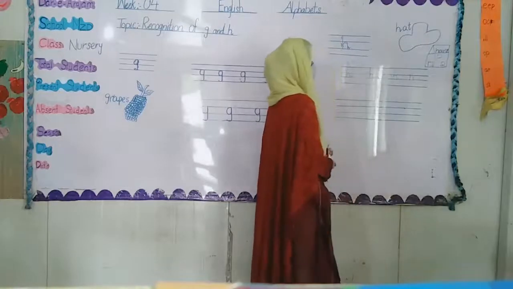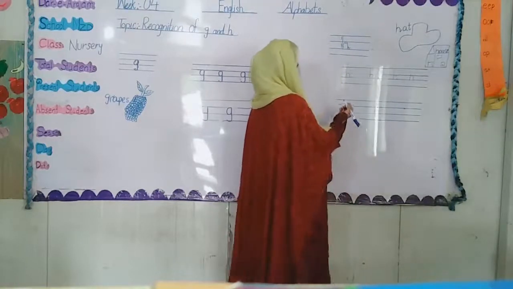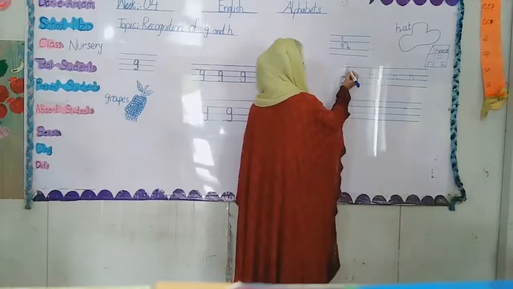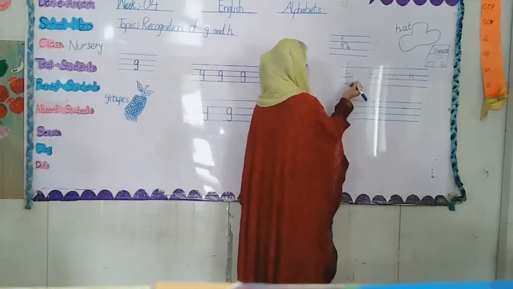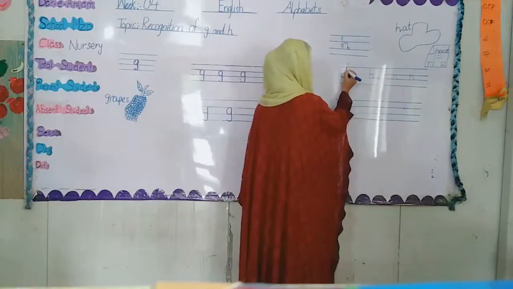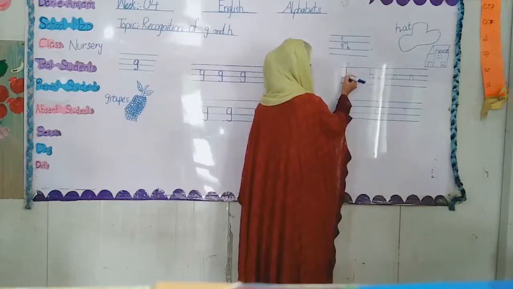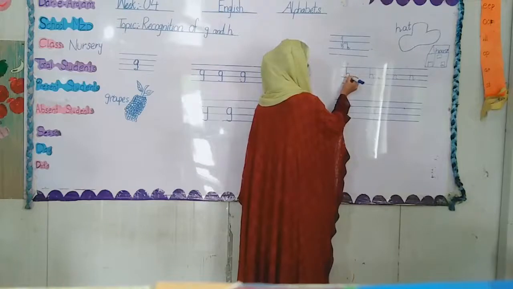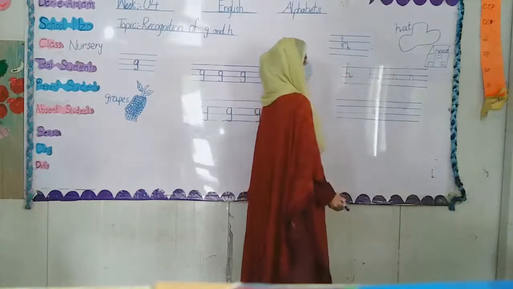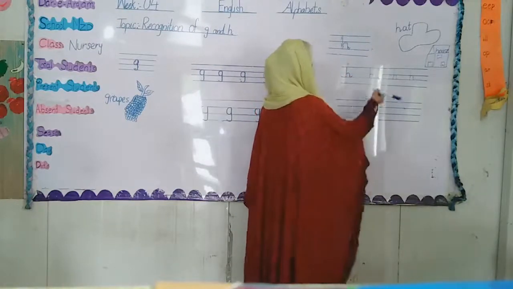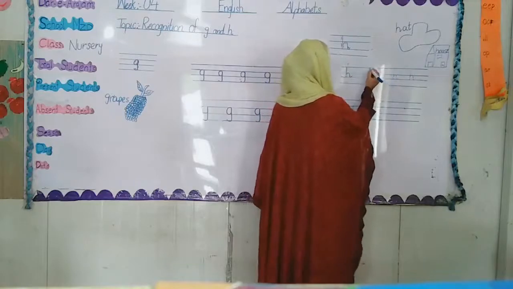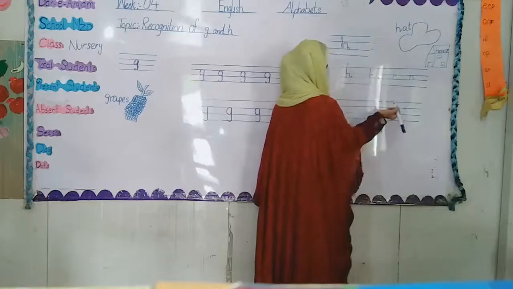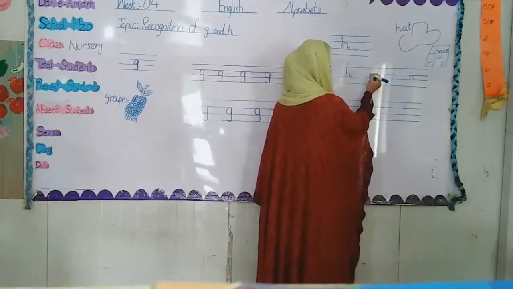Now, we are going to trace the small alphabet H. Start from the upper line, move downward, a straight line, then move upward, then a curve. It becomes H. Again, repeat the process and trace H. Move downward like this, then a curve.